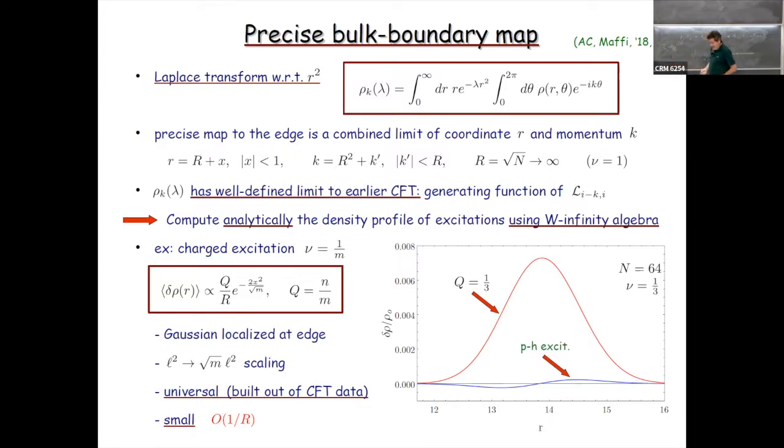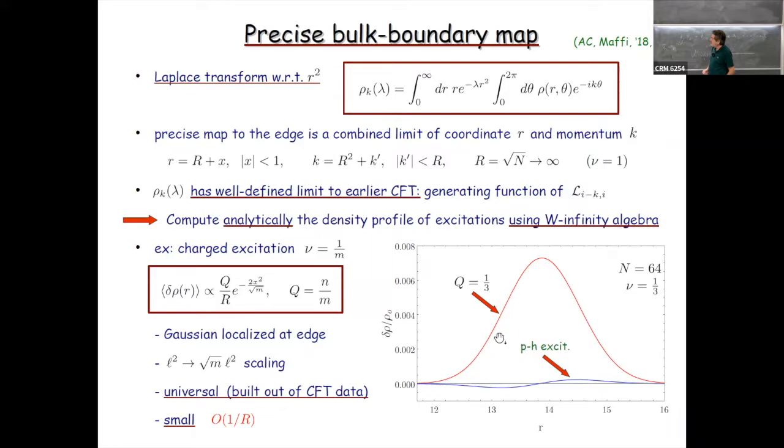So for example, this is a particle-hole excitation, and this is the shape of the density fluctuation for the particle-hole and for the charge excitation for the 1/3 state. And this is the form of the shape. And notice there is this funny scaling with the square root of m, which is the denominator here.